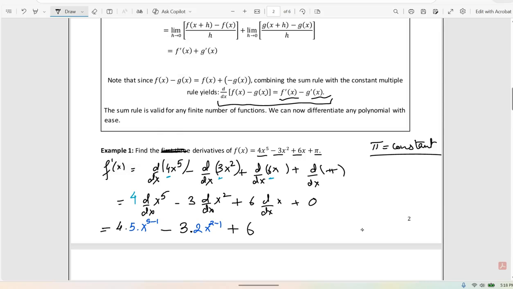Plus the derivative of x. We just learned the derivative of x is just 1. Let's write all that together. 4 times 5, 20 x to the power 4, minus 6 x to the power 1. We don't really need to write it. Plus 6. So the derivative of the given function would be 20x^4 minus 6x plus 6, using all the formulas which we just learned.